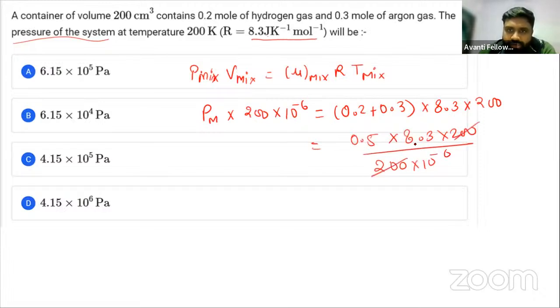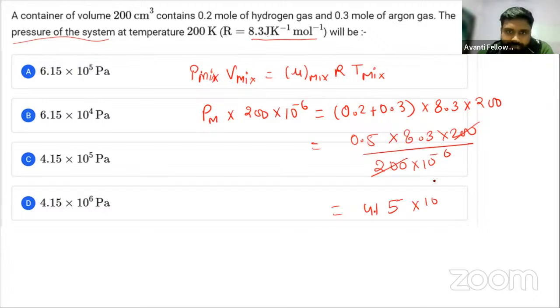So this 200 and 200 will cancel out, and this will become 5 times 3 is 15, 5 times 8 is 40, and 40 plus 1 is 41. Okay, and it is 4.15, with the power of 10 adjusted because we have two decimal places here.